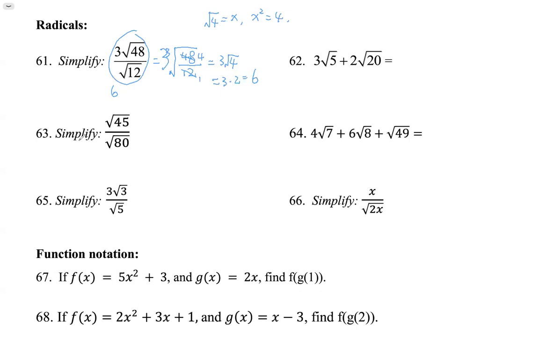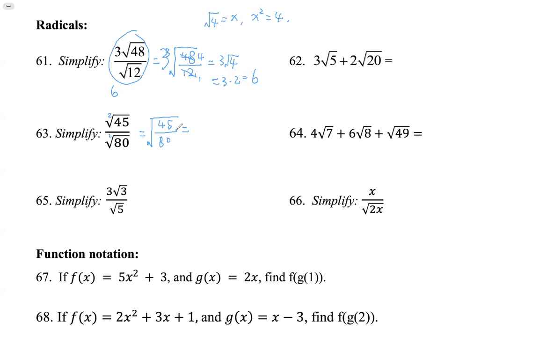Let's see 63, 65. Let's go vertically. Same thing here, the index is 2. We can put them under the same radical, so we get 45 divided by 80. Once we put them under the same sign, we can perform cancellation.